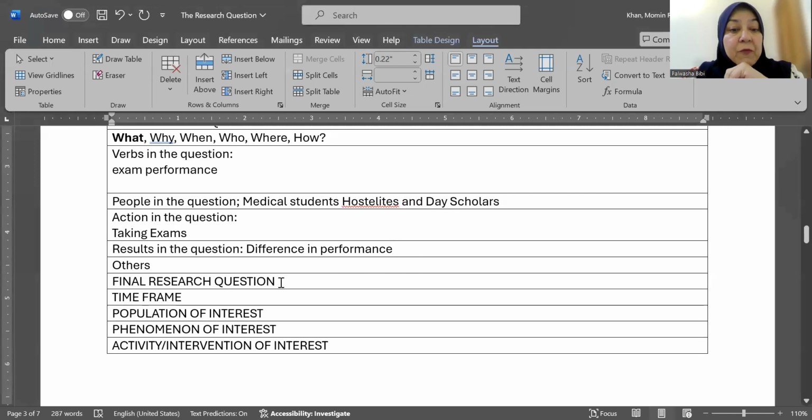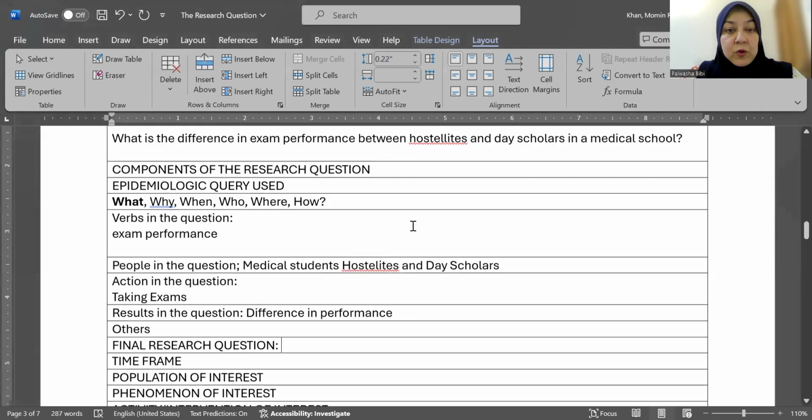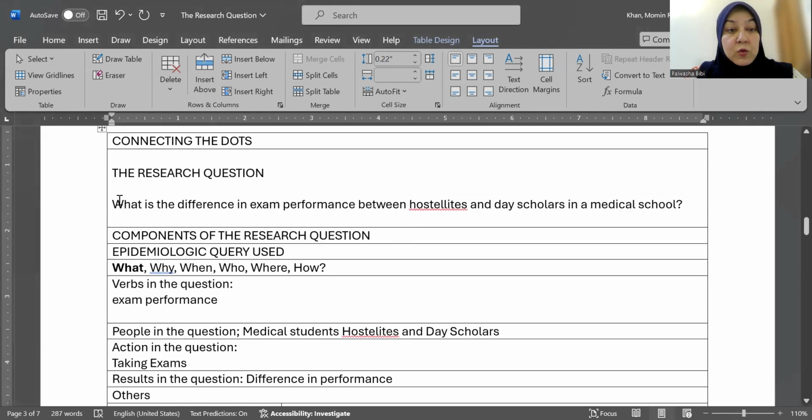My final research question, and I'm just going to take a shortcut and write the same thing. I don't want to copy this. I want to just copy this line.